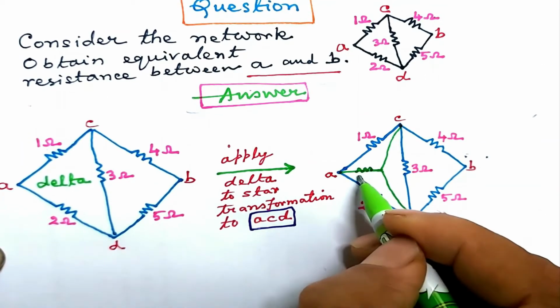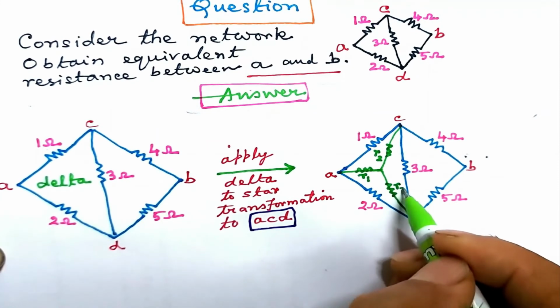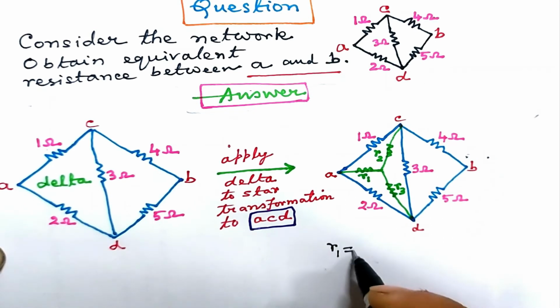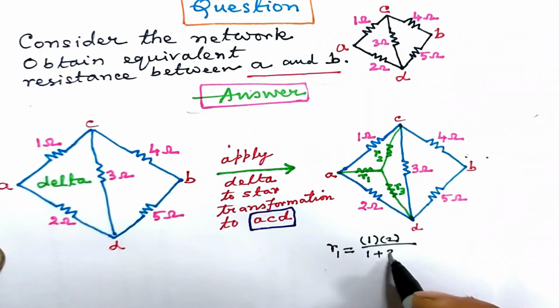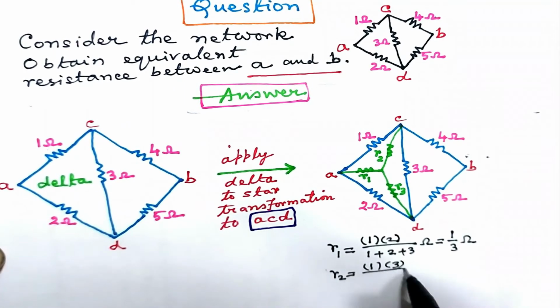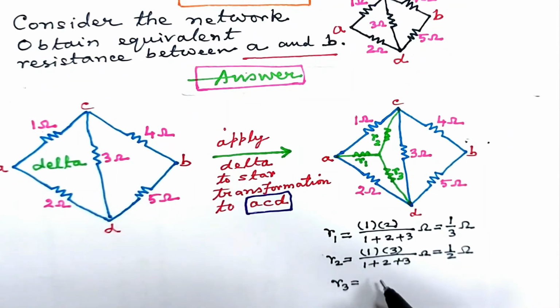This resistance is R1, this is R2, and this one is R3. Apply the conversion formula to move over from delta resistances 1 ohm, 2 ohm, 3 ohm to the star network resistances. So R1 is, R2 is, and R3 is of value.